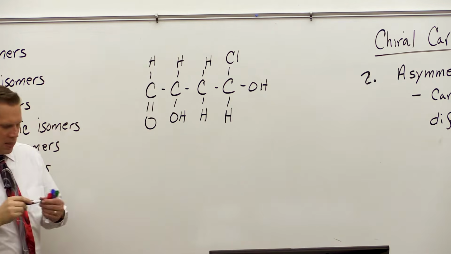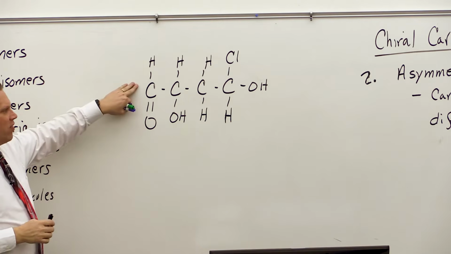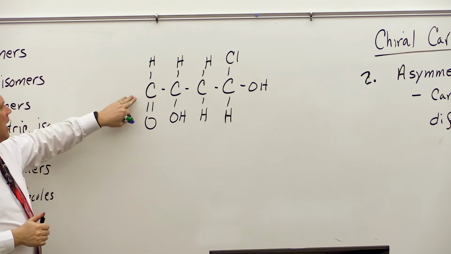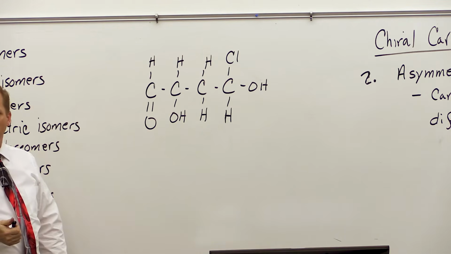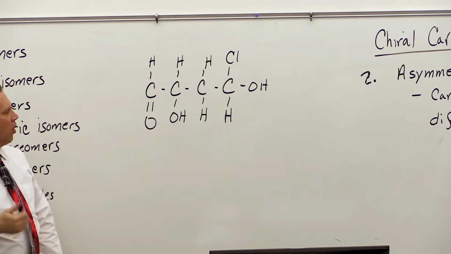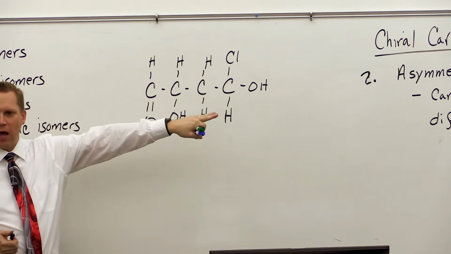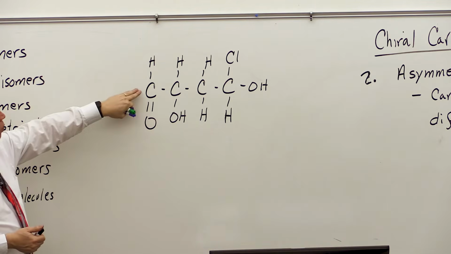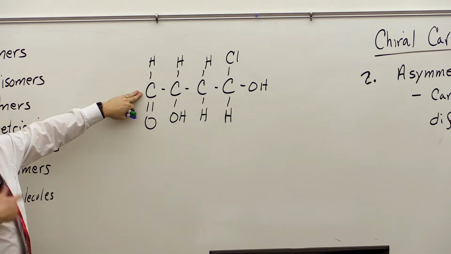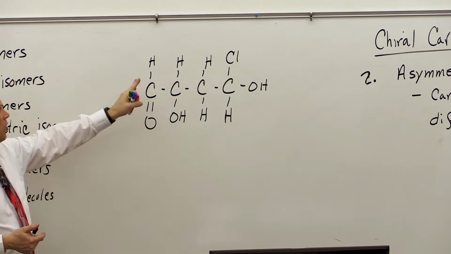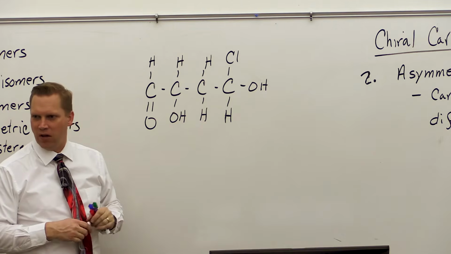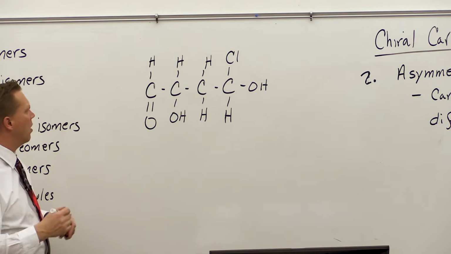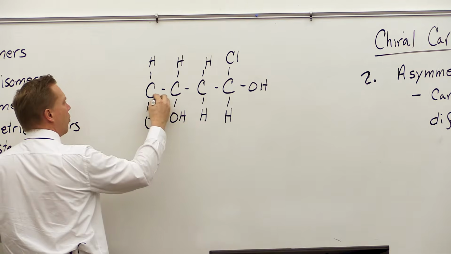Okay. Now, the question we want to ask is, are any of the carbons in this molecule asymmetric carbons? Well, the way we answer that is we're just going to apply our definition. So we look at carbon number 1. And by the way, as you determine asymmetric carbons, you have to look at each carbon one by one. Each one has to be considered differently or separately. So we look at carbon number 1 right there.